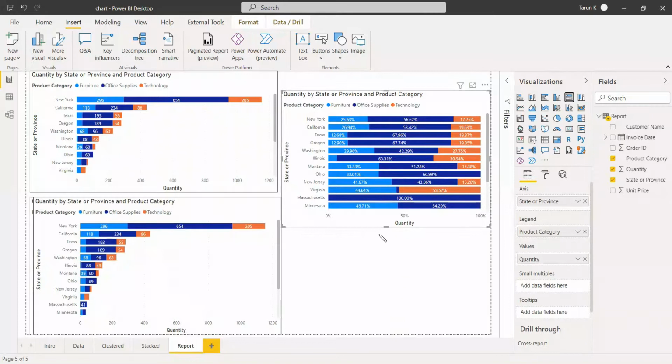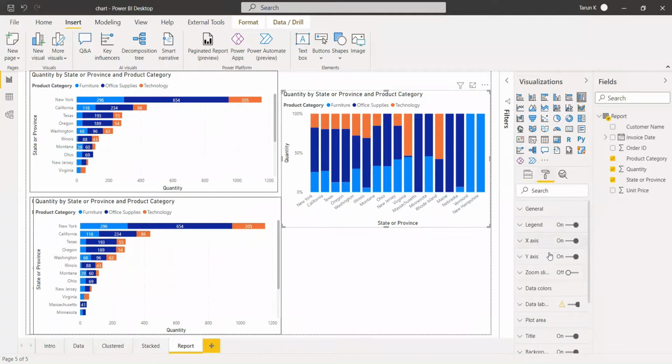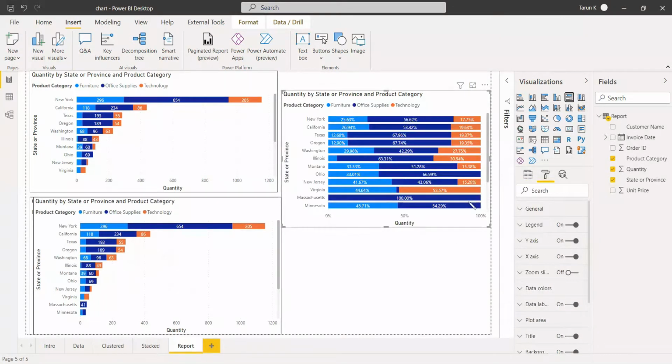See, the entire chart will be shown like this with 100%, and we can see how much percentage it is. So this is 56. This is having the highest, but the problem here is everything will be shown like this, 100%.